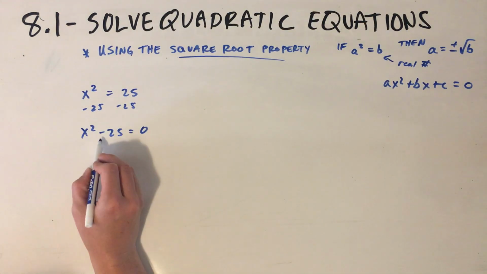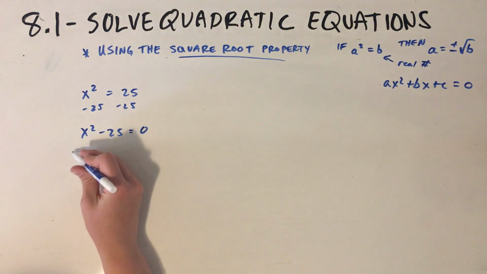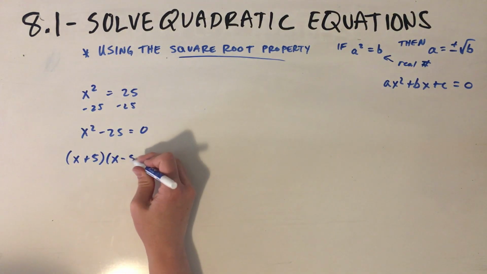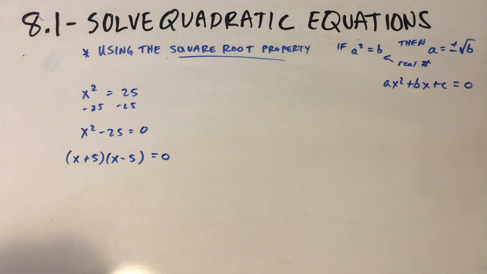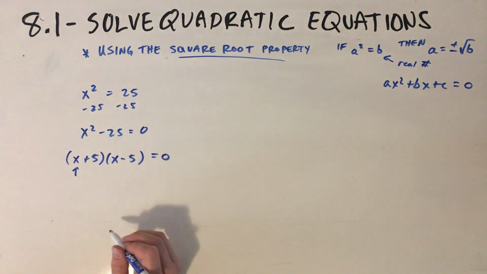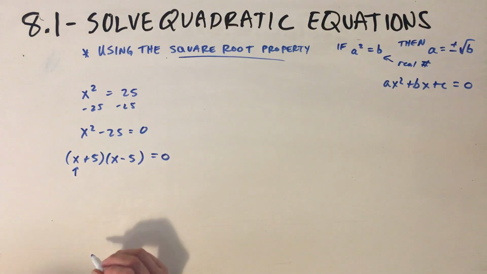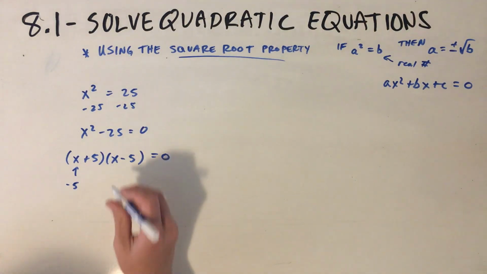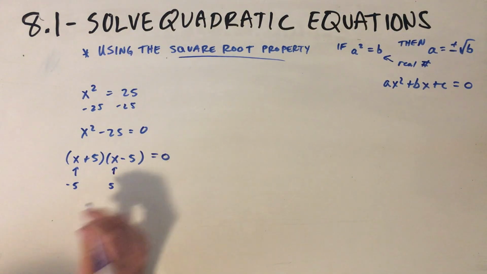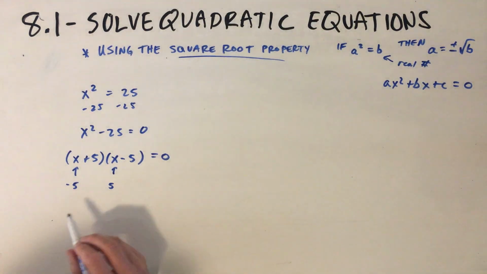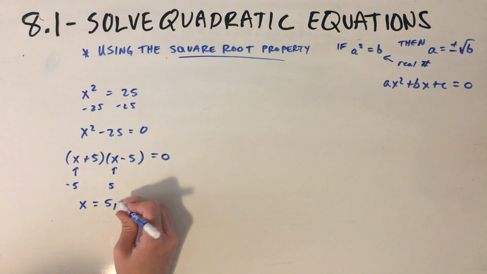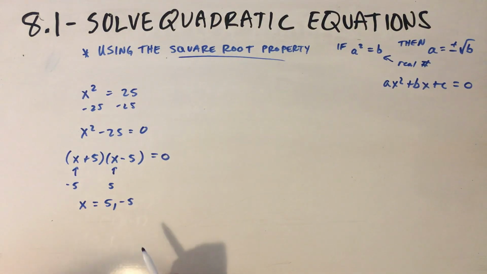So perfect square, and a difference. So this would factor to x plus 5, x minus 5. So the question here then would be, well, what would I substitute for x to make this factor 0? So my value here would be negative 5, and my value here would be 5.